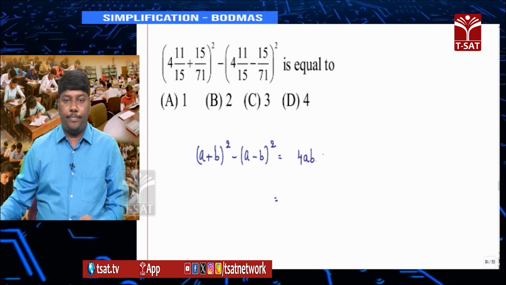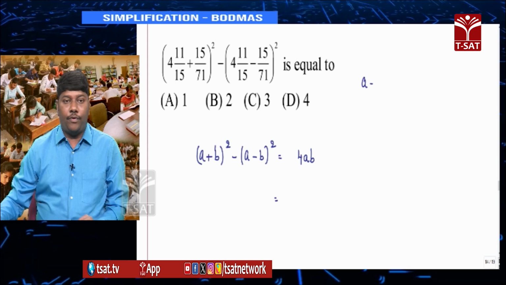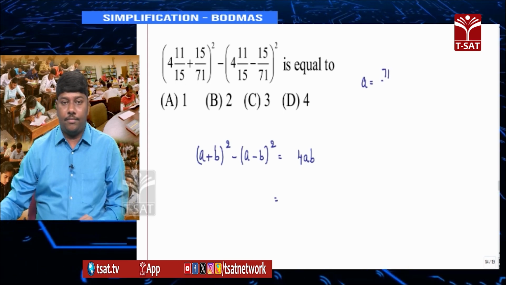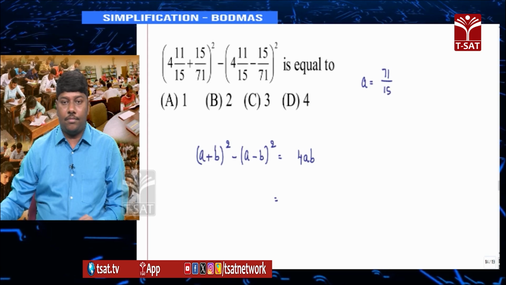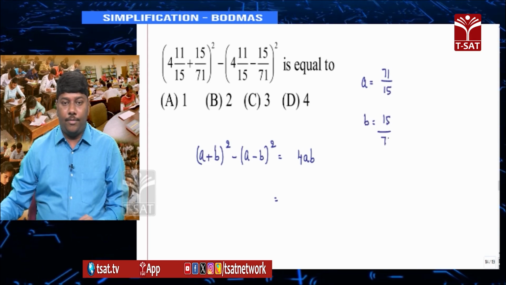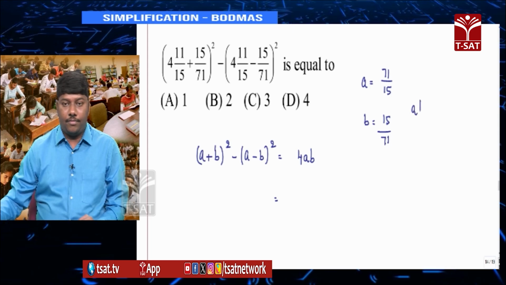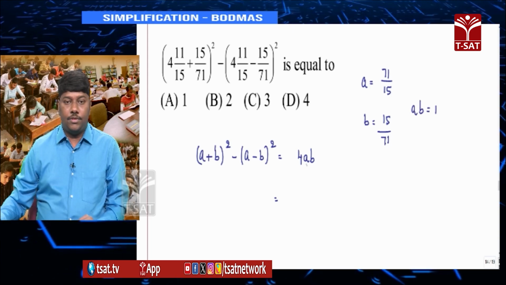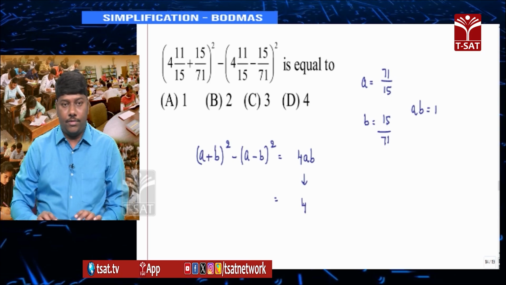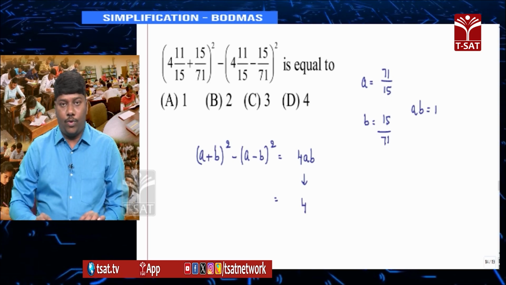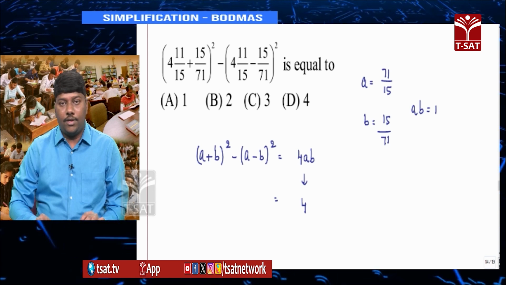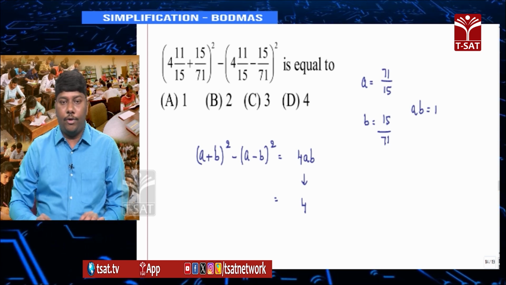So, what is a here? Here a is 4 11 by 15, which is 71 by 15. b is 15 by 71. If you multiply a into b, it's going to be 1. So, if you put 1 here, the answer is 4. So, simply if you know that ab is equal to 1, then a plus b whole square minus a minus b whole square is equal to 4, because the answer is 4ab.